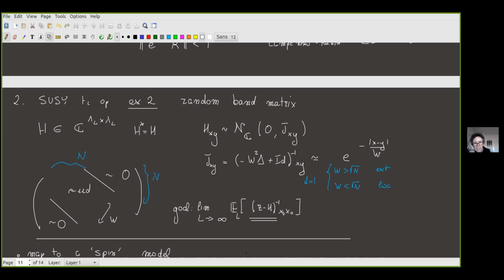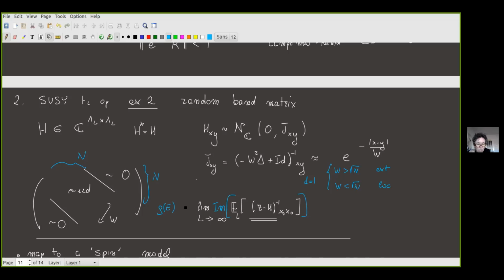Now I want to study the function f of E, so I want to take this limit, I take the imaginary part, and I want to study this as a function of E.